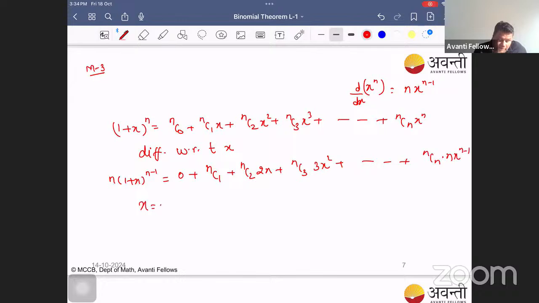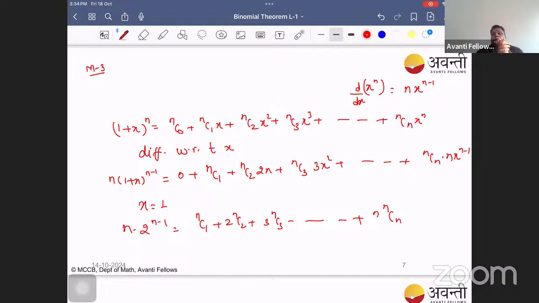Now directly put x equals 1. Then the right side gives nC1 + 2·nC2 + 3·nC3 and so on up to n·nCn, and the left side gives n times 2^(n-1). Got it?